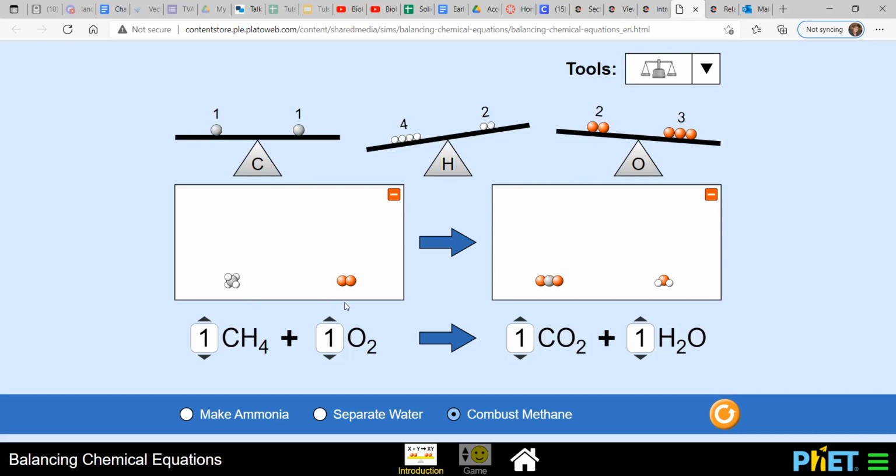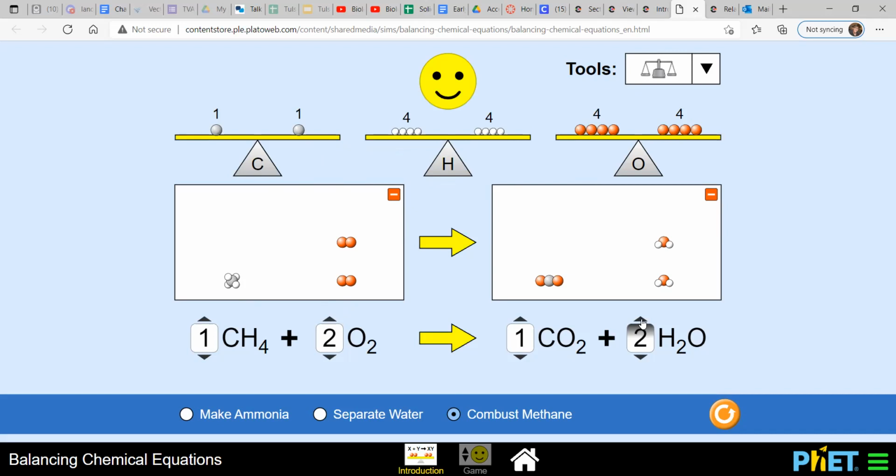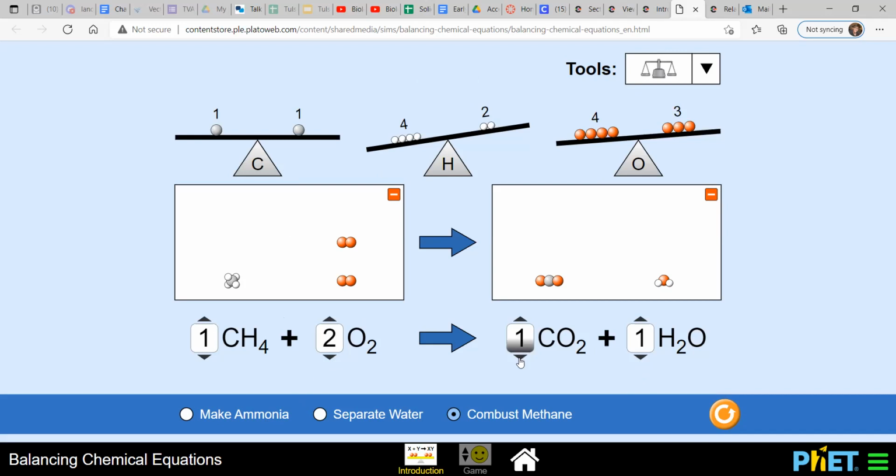So we'll start with oxygen. We'll add oxygen to the left-hand side. I'm going to add some hydrogen, and that's it. So methane, oxygen, CO2, and water, H2O. Did you see how that happened?